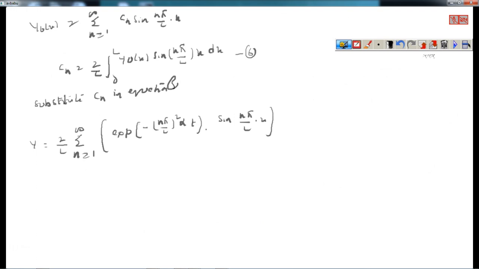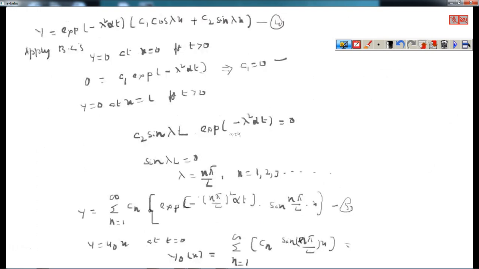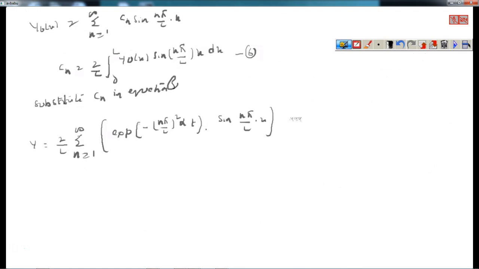You can check equation number 5 here. I have written this here, and now I am writing Cn into integral 0 to L, 2 by L already taken, y0 x into sin n pi by L x dx. This is equation number 7.